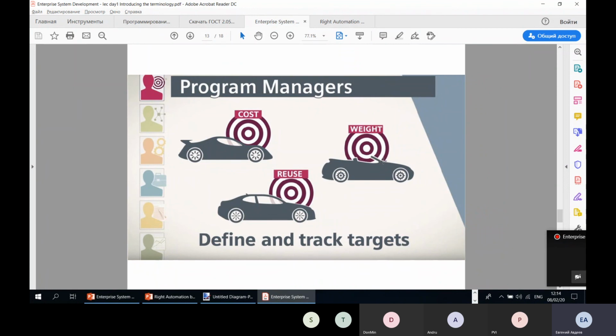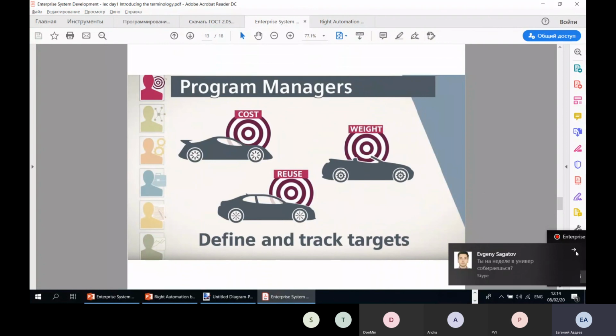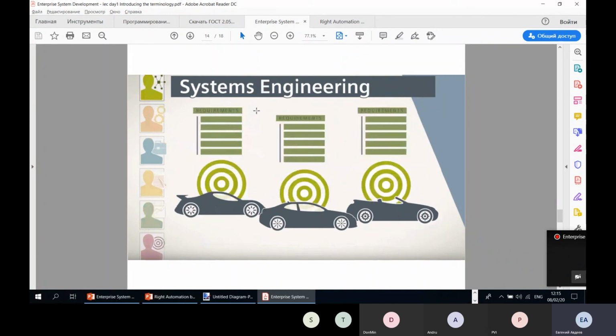The next step is system engineering. The work of these engineers is based on the goals of program management, and they create so-called technical requirements.